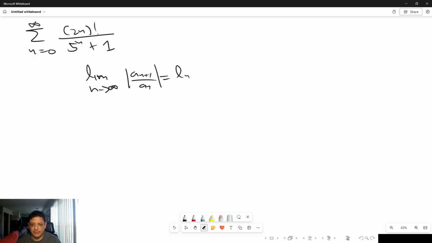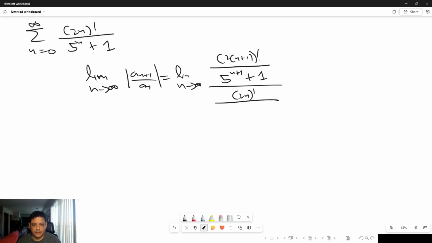And this is going to be the limit as n goes to infinity of (2(n+1)) factorial over 5 to the (n+1) plus 1, over (2n) factorial over 5 to the n plus 1.